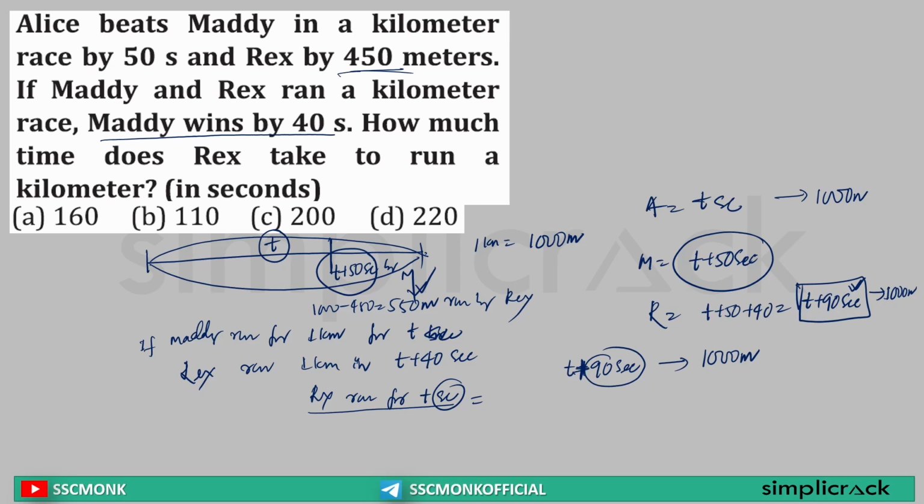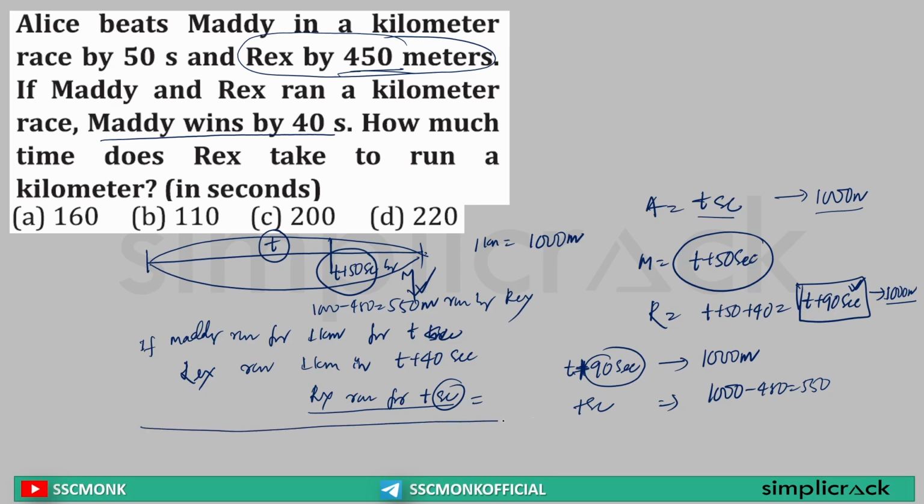See what happened here. Alice took t seconds to reach 1000 meters. Rex took t plus 90 seconds to reach 1000 meters. But if Rex runs for t seconds, which was the original time, he would be 450 meters behind Alice. That means in t seconds Rex will run 1000 minus 450, which is equal to 550 meters.